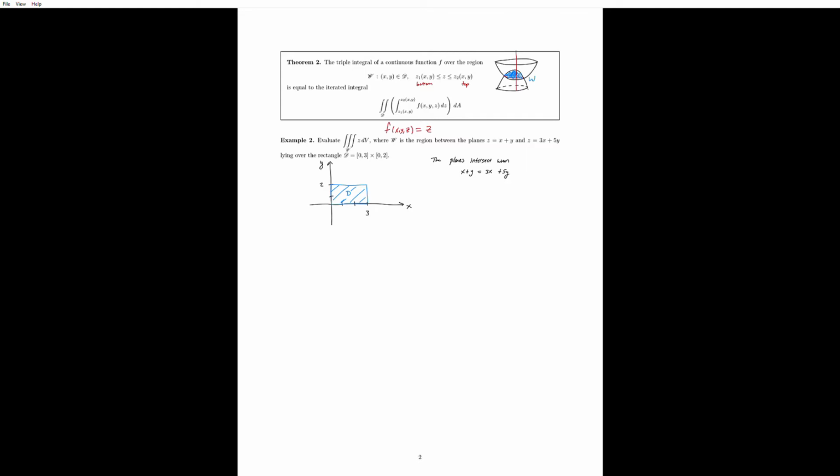Actually, let's solve this for y. So 4y, excuse me, I should say 4y is equal to negative 2x. So y is equal to negative a half x.